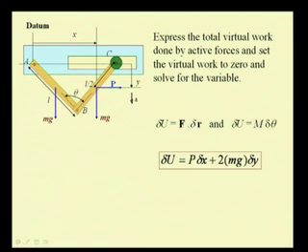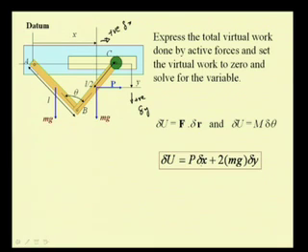This is the positive sense for this virtual displacement delta x and delta y. And since mg is in the same positive sense of delta y and P is in the positive sense of delta x, we have both these works as positive: P times delta x plus 2 times mg delta y, the work done by these forces.